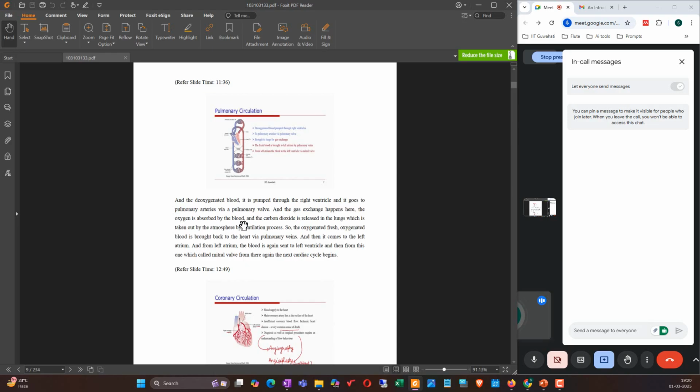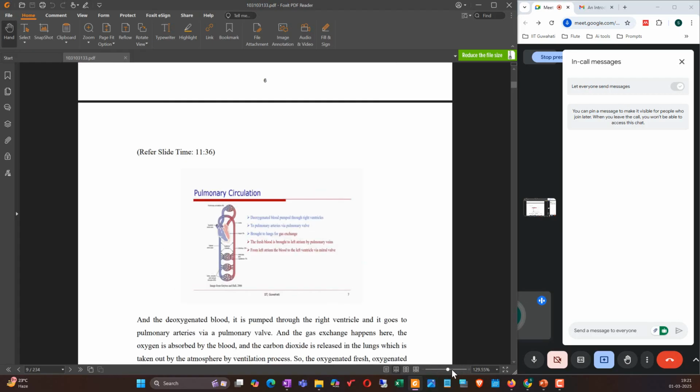The oxygen is absorbed by the blood, and the carbon dioxide is released in the lung, right? Which is taken out to the atmosphere by the ventilation process. So the fresh oxygenated blood is brought back to the heart through the pulmonary veins, and then it comes back to the atrium, and this cardiac cycle begins, right?